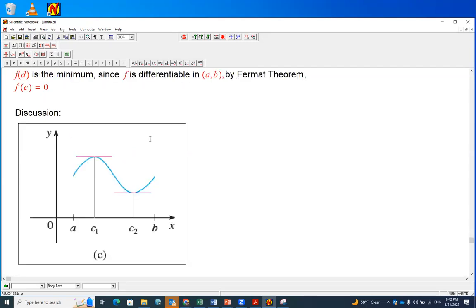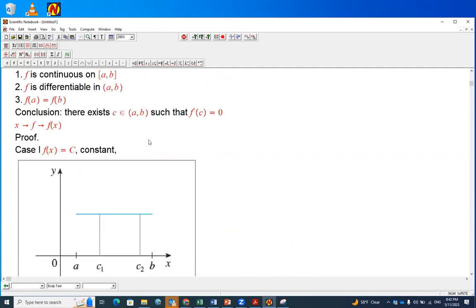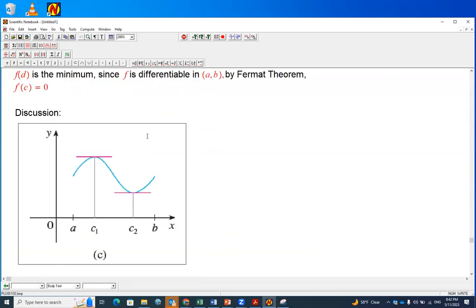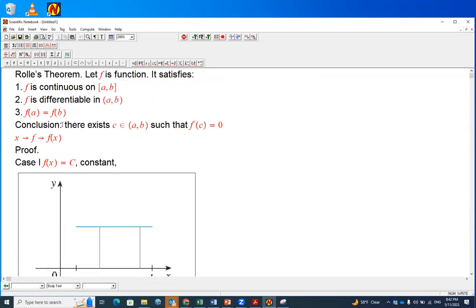No, we can only guarantee we'll have 1 c if all three conditions are satisfied. We cannot guarantee 2. So when the statement of the theorem says there exists a c, it guarantees there's at least 1 c.